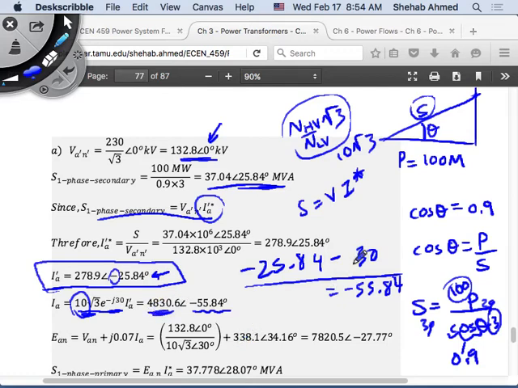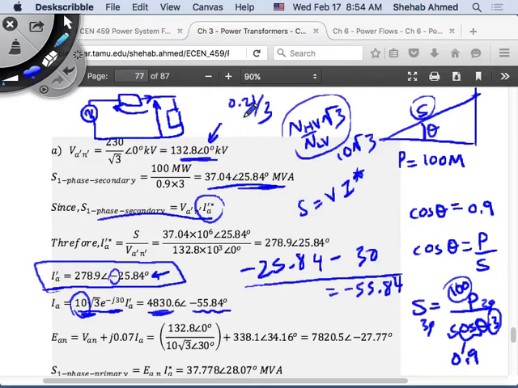Now I have the current and voltage brought to the secondary side, and I have one impedance. So now my circuit looks like this: a voltage source, one impedance, and a load where I know the voltage across it and the current. I take that current multiplied by this impedance, the 0.21 divided by 3, because it was a delta impedance of the transformer as seen from the primary side.